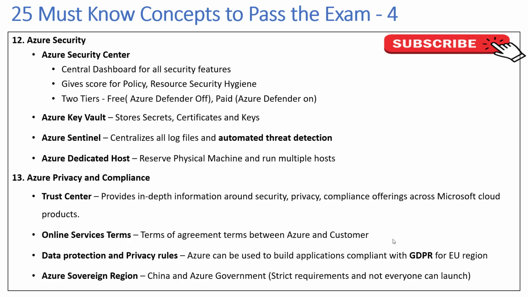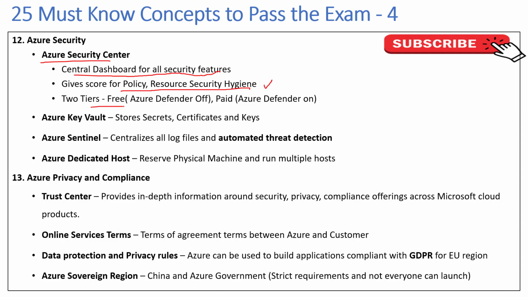Now, from the Azure security point of view, there are about four services that you need to know. The first one is the Azure Security Center. It's basically a central dashboard for all the security features. It gives you a score on the policy and resource security hygiene. So for all the services that you're using, it will give you some score on where you are.